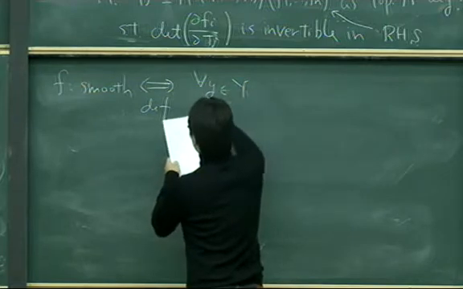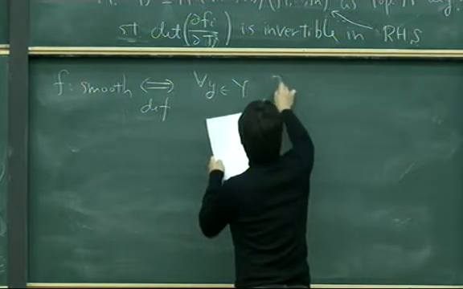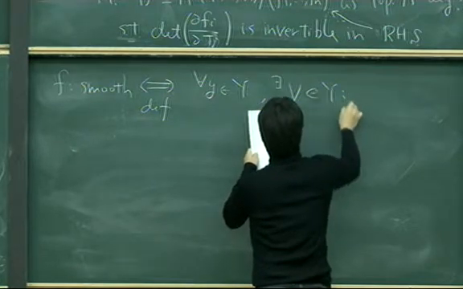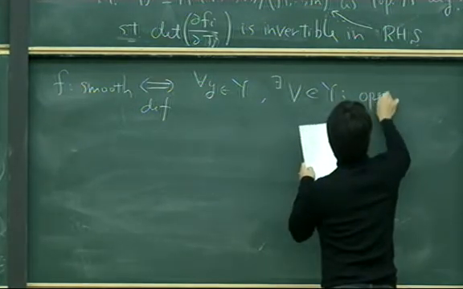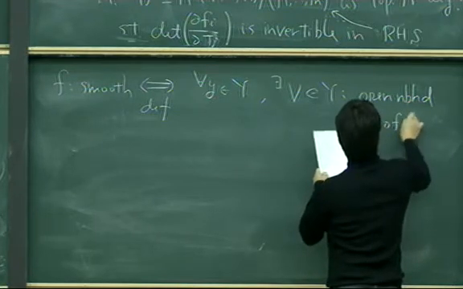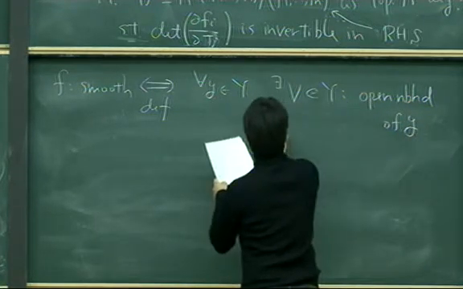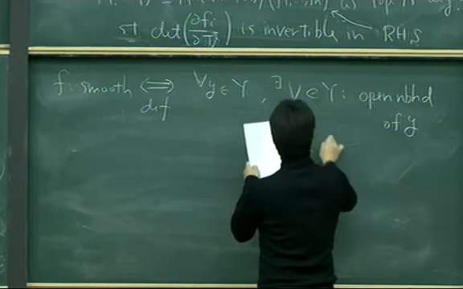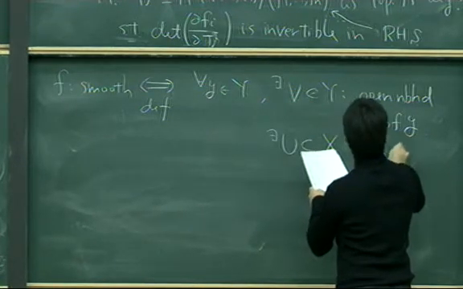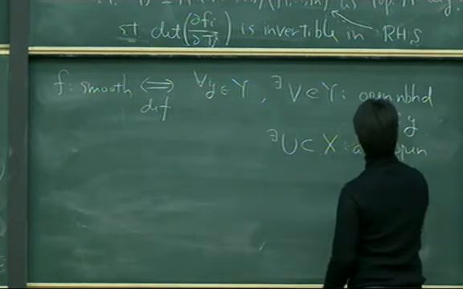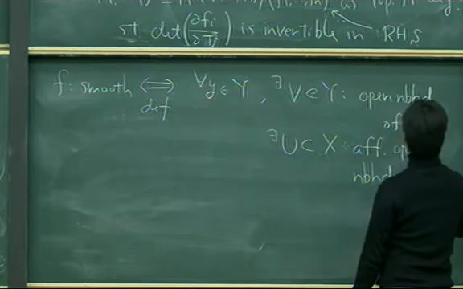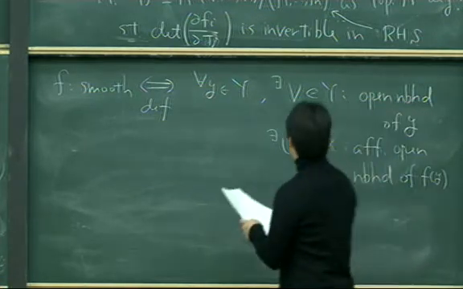So for every y in Y, there exists an open neighborhood V of y, and there exists an affinoid open neighborhood U of f(y).